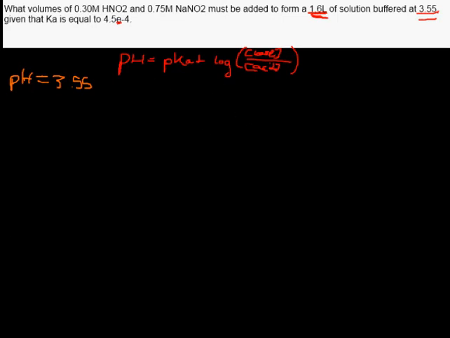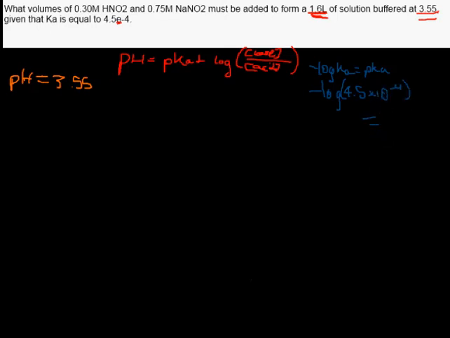But what about pKa? Well, if I keep on doing this it will eventually drill into your head. The negative log of Ka is equal to pKa. We're not solving for Ka here. We have Ka, 4.5 times 10 to the negative 4th.